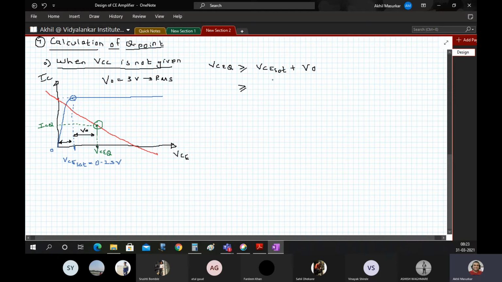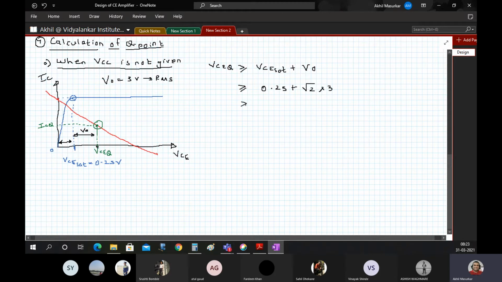VC sat is 0.25 and V naught RMS is 3 volts. So peak will be root 2 times V naught, that is root 2 into 3.